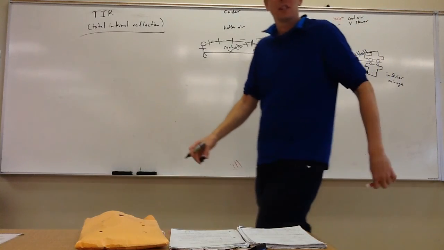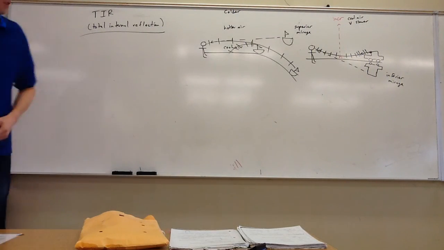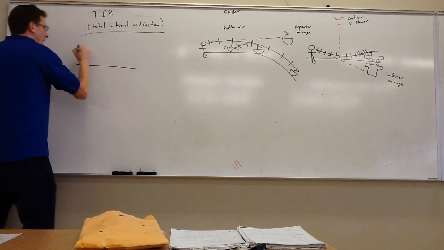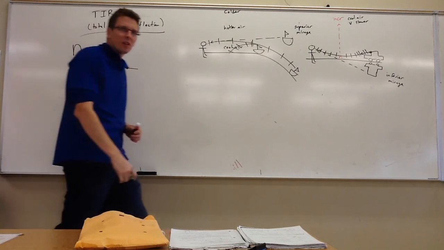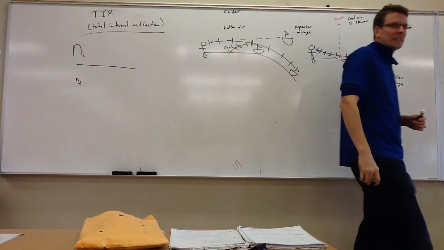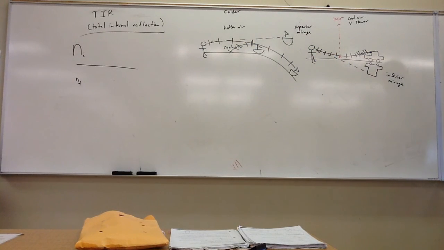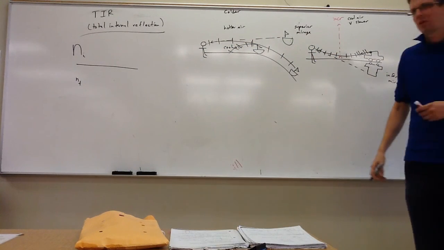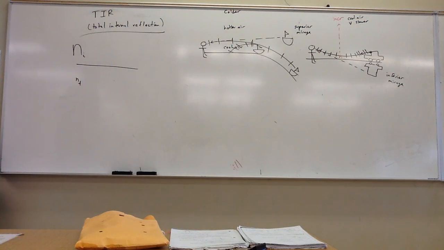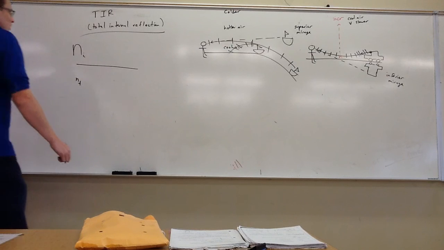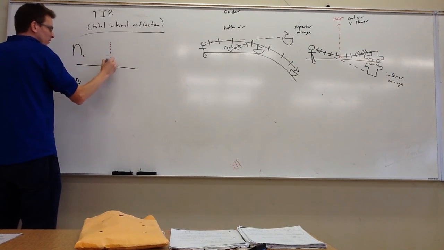First of all, you're only eligible to have that happen when you are in a higher n material trying to escape towards a lower n material, because the whole idea is that light bending away from the normal is how it works. Because what happens here is that the light bends so far away from the normal that you don't actually escape. So it kind of goes like this.